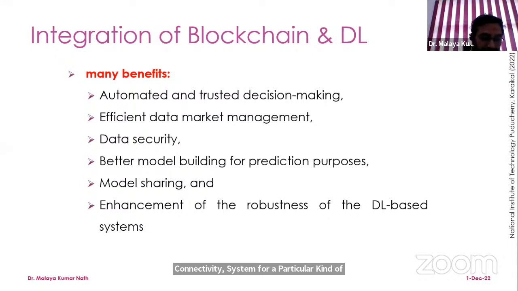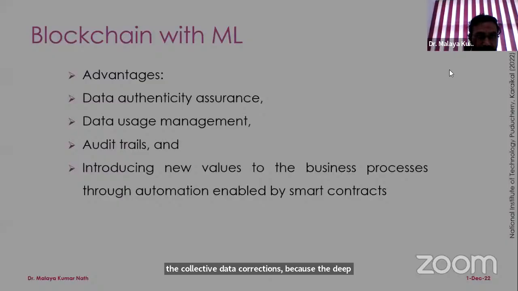Swarm robots are generally used for many purposes, to monitor the environment, and to establish communication in a network. There is also enhanced robustness. Whenever blockchain is used with deep learning, it enhances robustness due to collective data collection, because deep learning is based on a centralized server, whereas blockchain is used in decentralized servers.